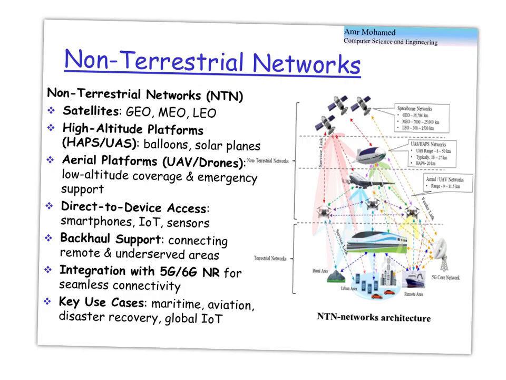One of them, of course, is Elon Musk's Starlink. For satellites we have what we call geostationary Earth orbits, GEO, and we have middle Earth orbits and low Earth orbits.